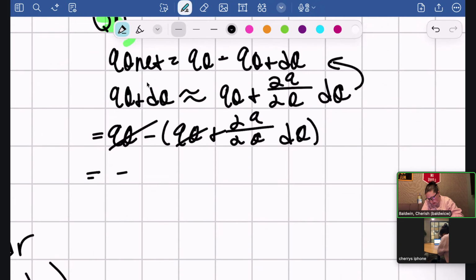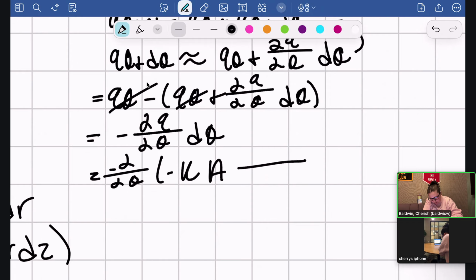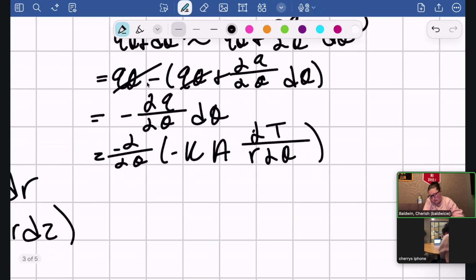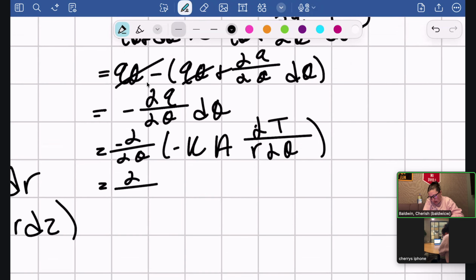So you get negative, and Fourier's law again, so you get, and then the negatives cancel out.